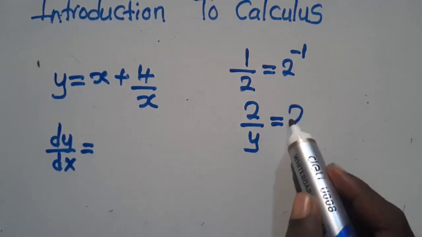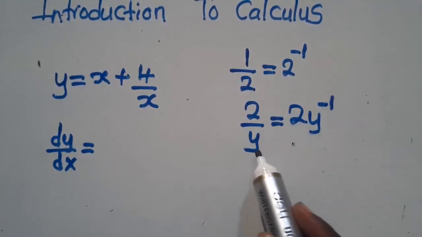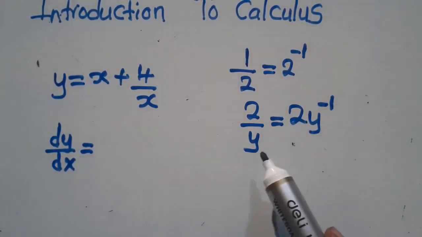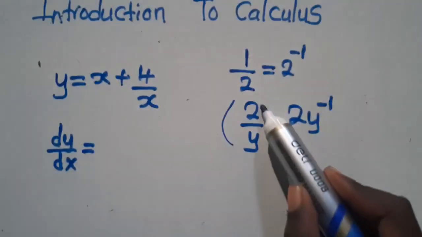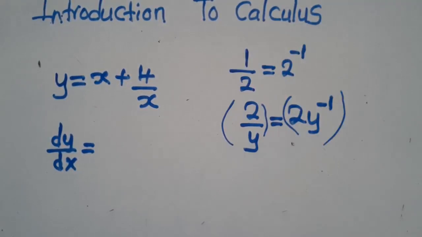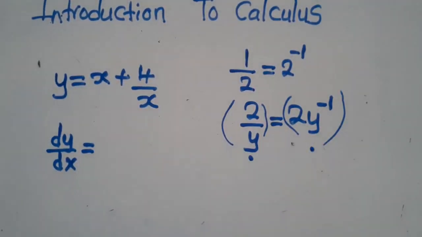You are going to have 2, then y, then the y will have a negative 1 since it was down. So these two are just the same. This is positive index, this is negative index. This is what you need to know and understand.